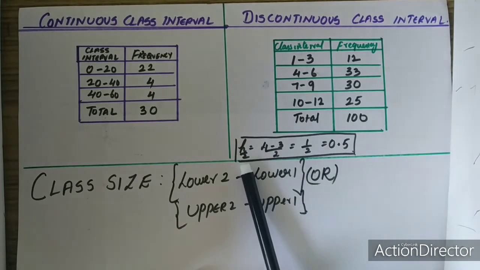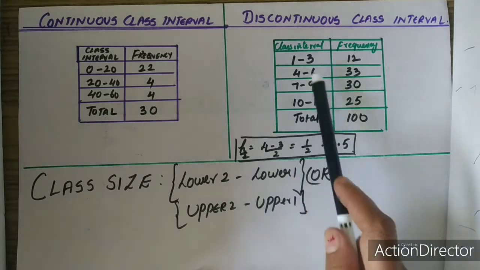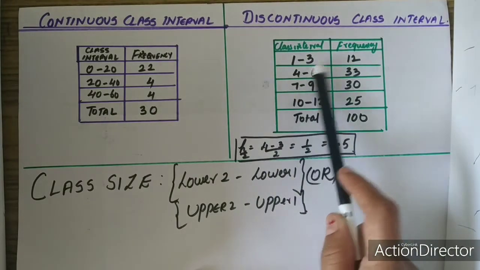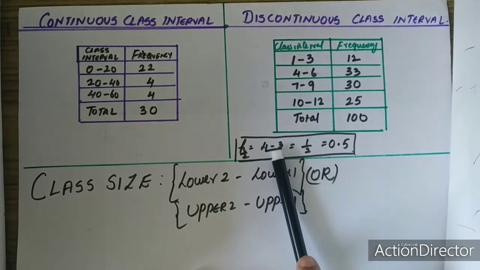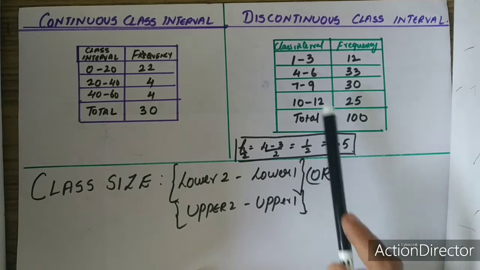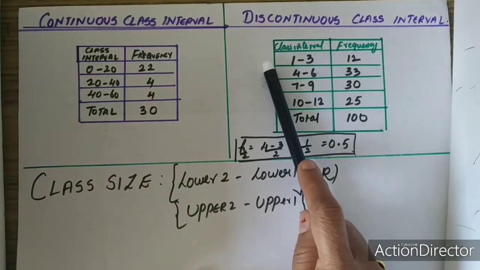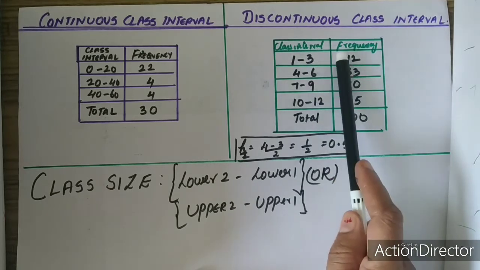So we are dividing this h by 2, that is, (4 minus 3) divided by 2. h is nothing but the difference of the upper class limit and the previous lower class limit. So it is (4 minus 3) by 2, which is equal to 1 by 2, and 1 by 2 is nothing but 0.5. So we are subtracting 0.5 from the lower limit and adding 0.5 to the upper limit.